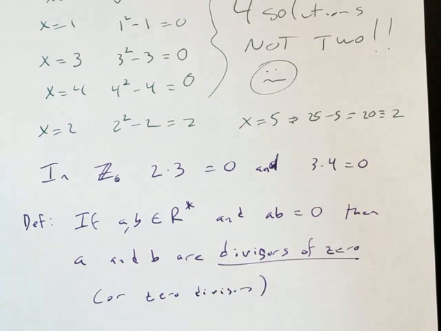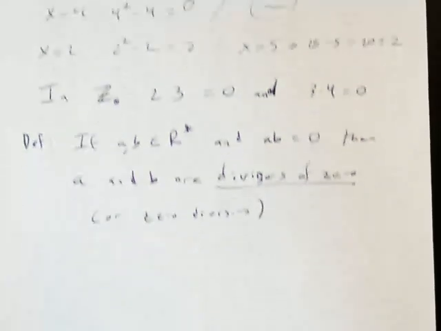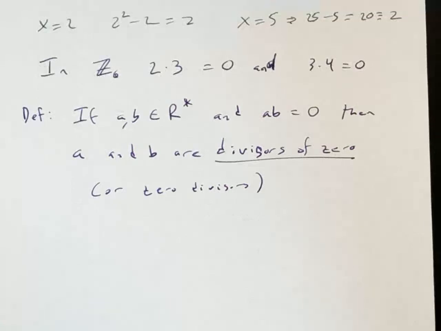We're going to call these things divisors of 0. They're non-zero elements, that's why they're in R star, but when I multiply them, I get 0.